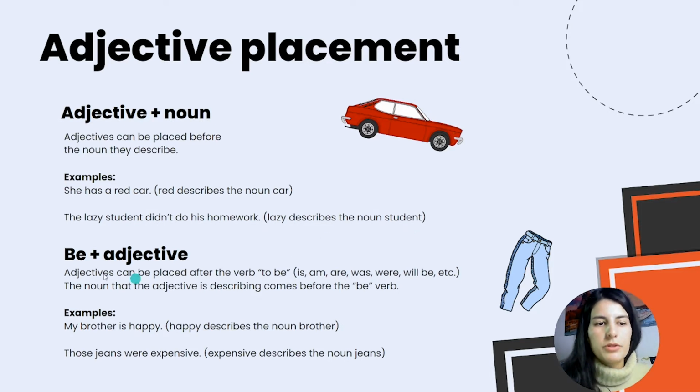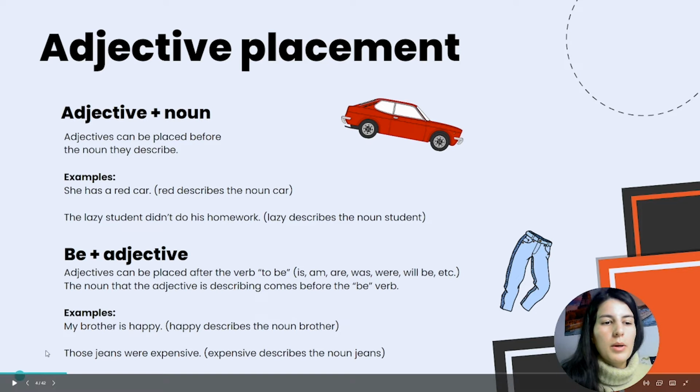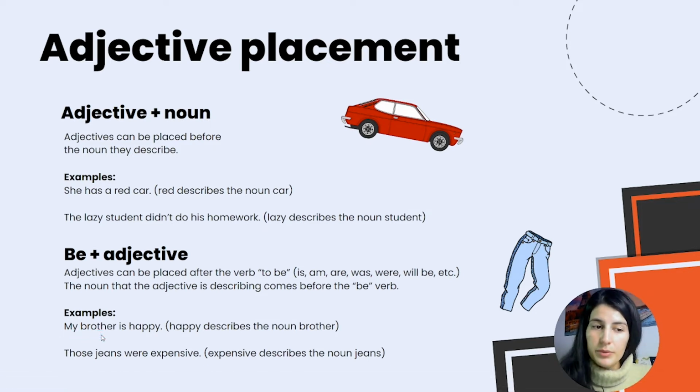When we have the verb to be in a sentence, the order is a little different. So adjectives, in fact, can be placed after a noun if the sentence includes the verb to be. For example, my brother here is the noun, is our substantive. My brother is happy.